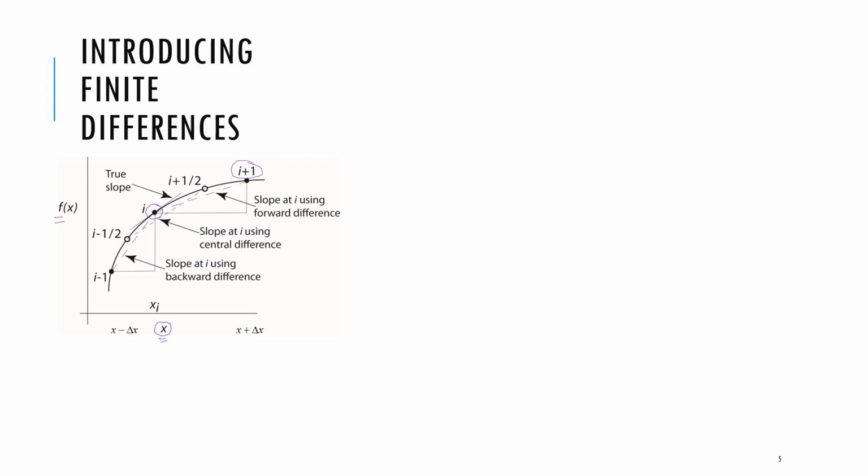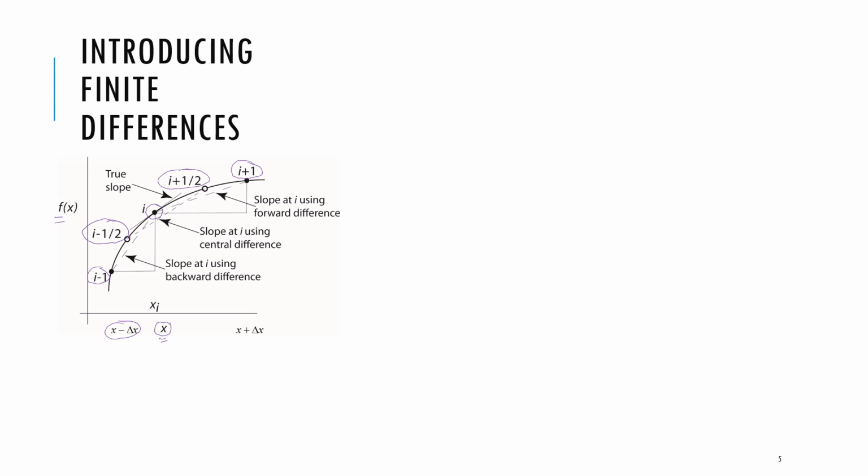And for the position corresponding to x minus delta x, we'll denote it as i minus 1. And the half points between i and i plus 1 would be this i plus half, and the point between i minus 1 and i is this i minus half.